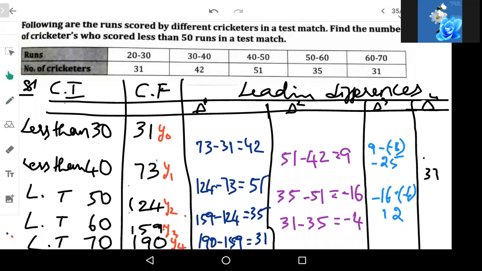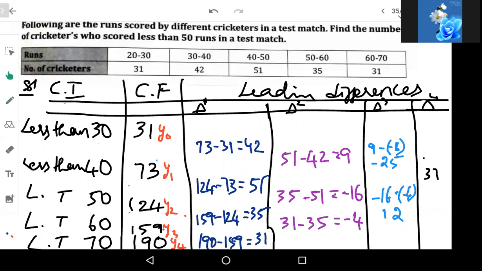Now the value of x to be interpolated. What is the value of x? Less than 50. Less than 50 is the value which has to be interpolated. So the value that is to be interpolated is 50. And what is the value at origin? Which is the first value? The first value is 30.